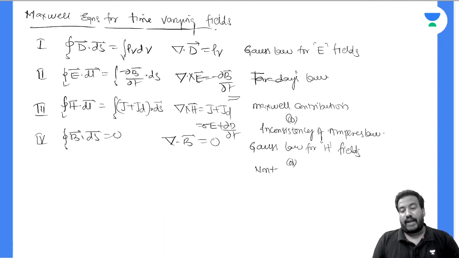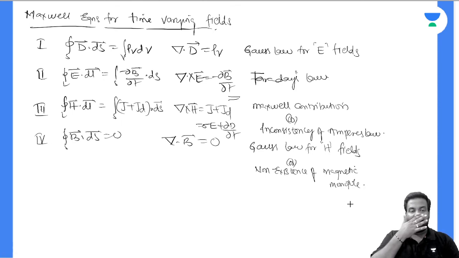Also called non-existence of magnetic monopole. These are Maxwell equations for time varying fields here.